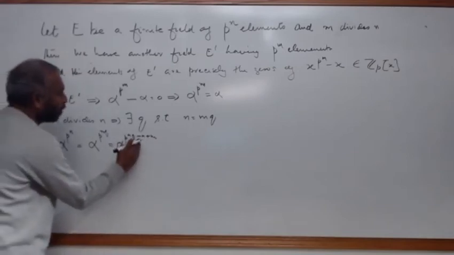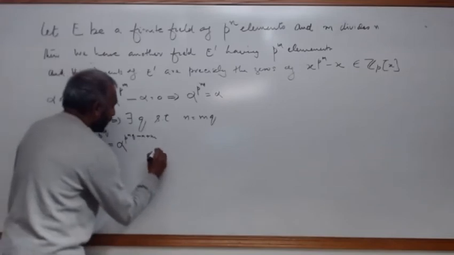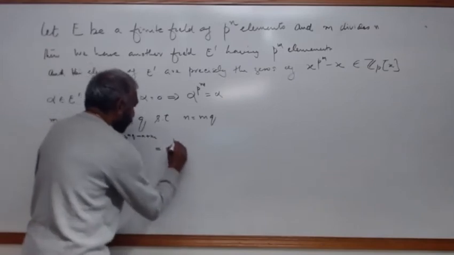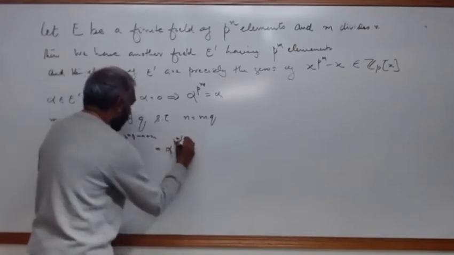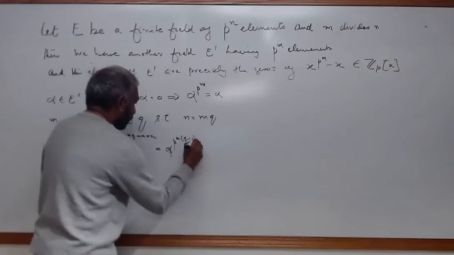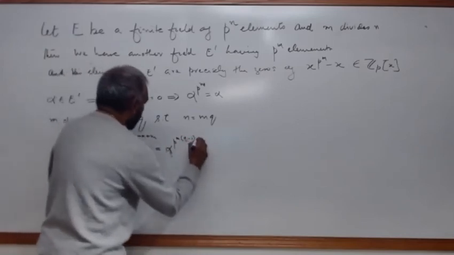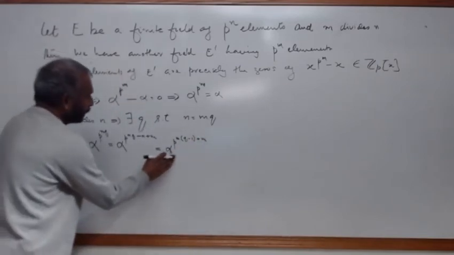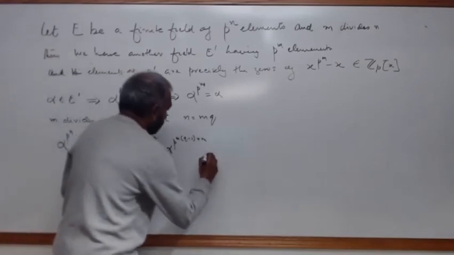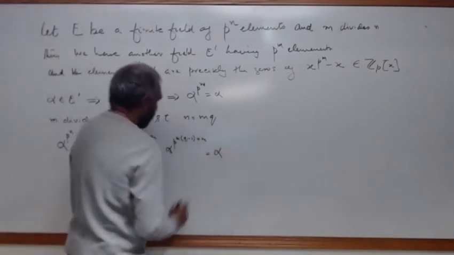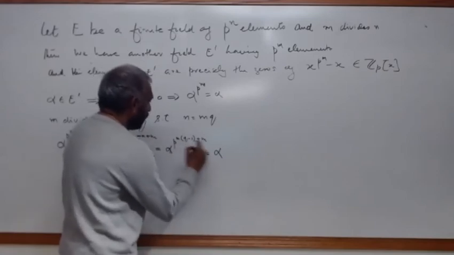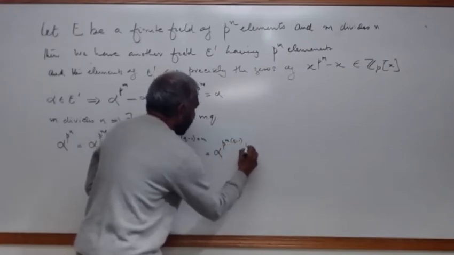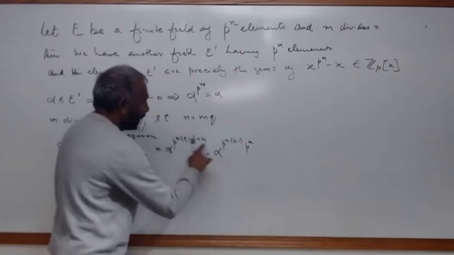I am adding and subtracting m, and that is equal to alpha to the power of p to the power of m of q minus 1 plus m. And that is equal to alpha to the power of p to the power of m q minus 1 times p to the power of m. That is how you add it, right?